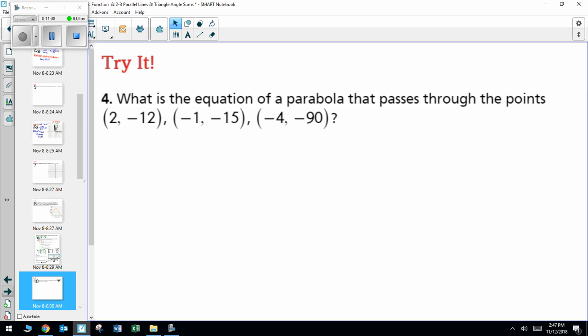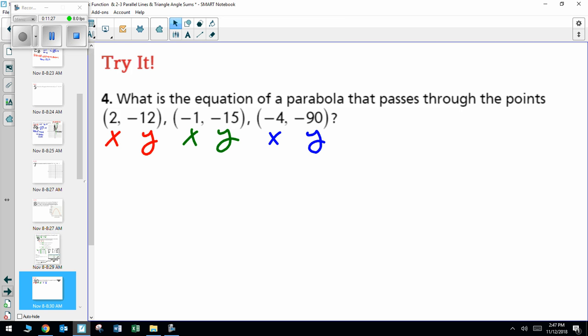So remember, my first step, I'm given 3 sets of x and y's, and I'm going to actually put those in different colors to demonstrate my different equations here.